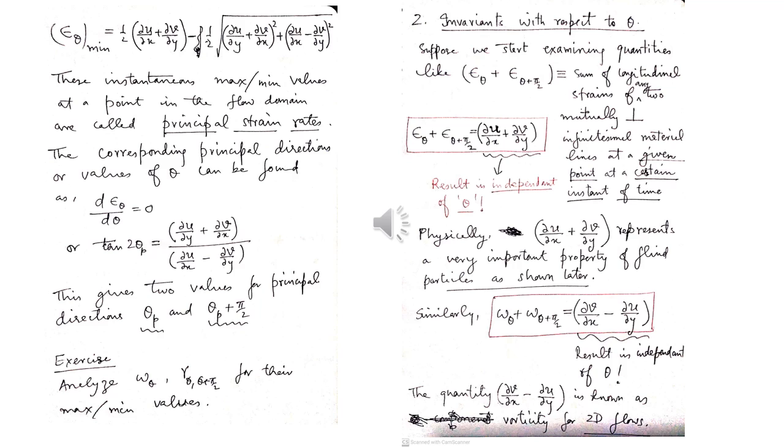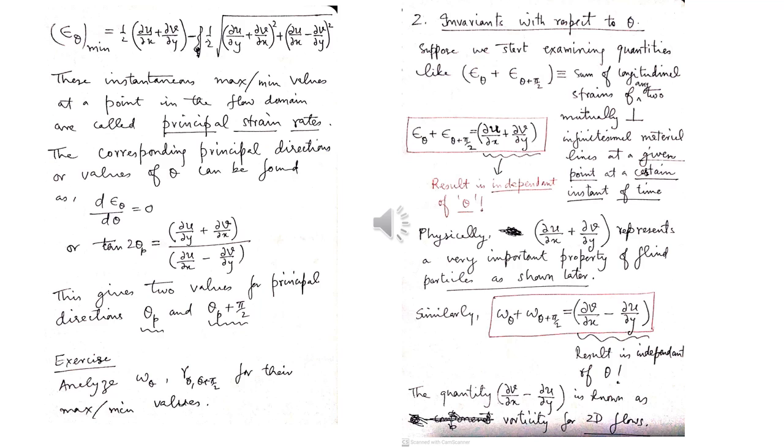So the maximum minimum values are very easily written because of the nature of the expression. Then of course we have not used the methods of calculus for finding the maximum minima, so that's why it remains to see at what angles these maximum and minimum values will be found.